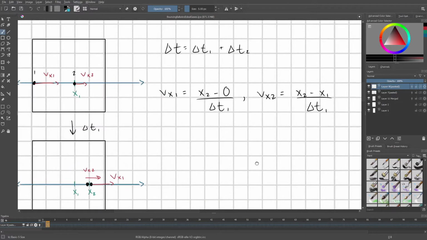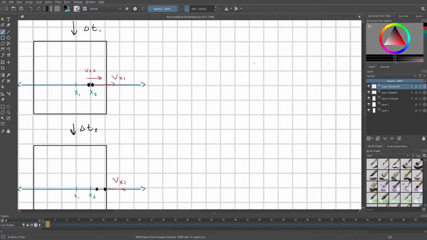All right, for this second event here, if I have my particle 2 starting at position x2 and it has speed vx1, if our box has a side length of L, we get that vx1 equals our final position L minus our initial position x2 over delta t2.